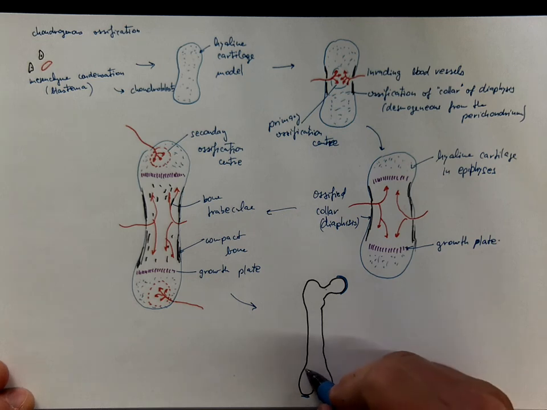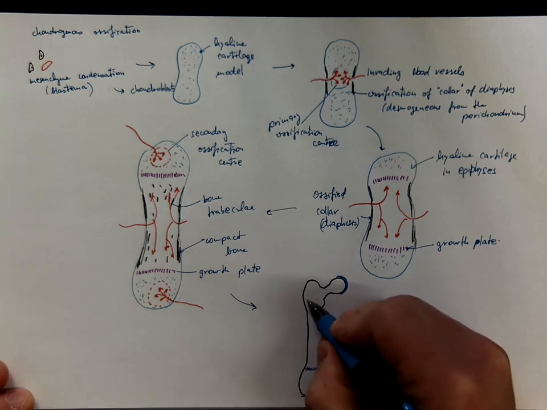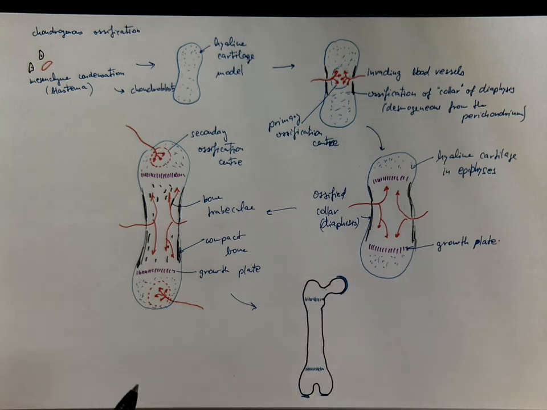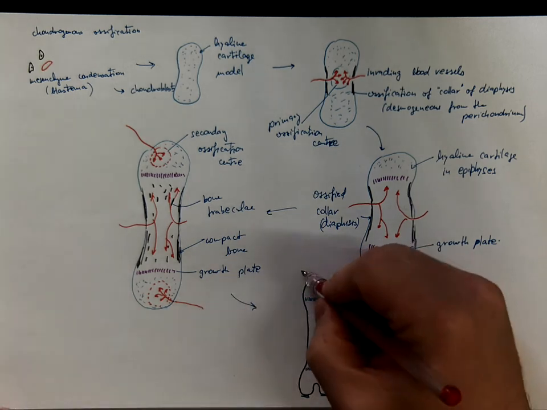Then the growth plate, the distal growth plate, proximal growth plate, and the rest of the tissues turns to bone.